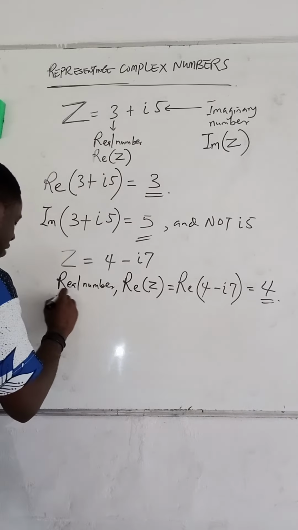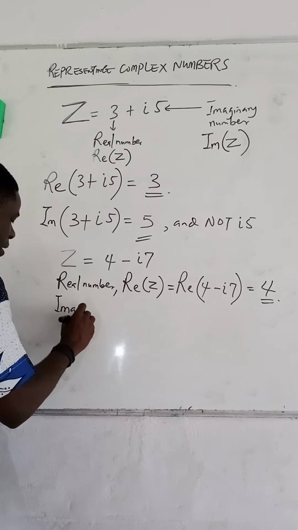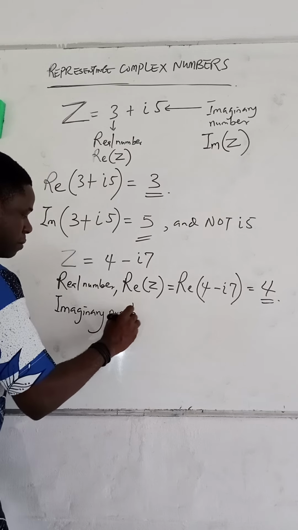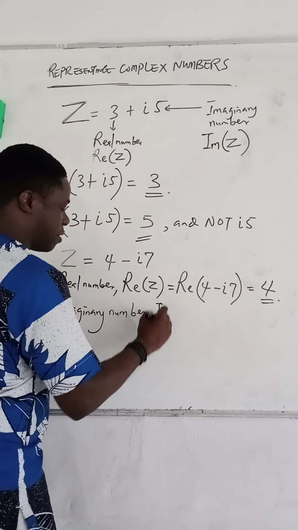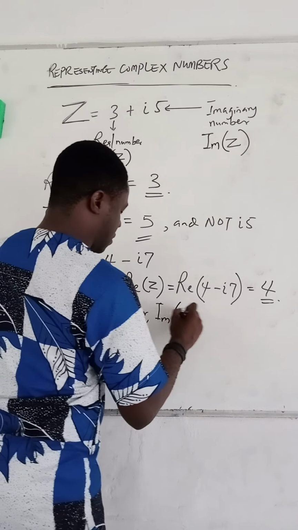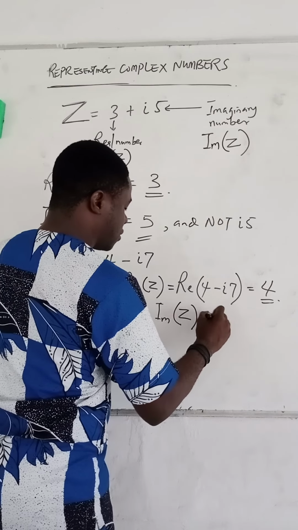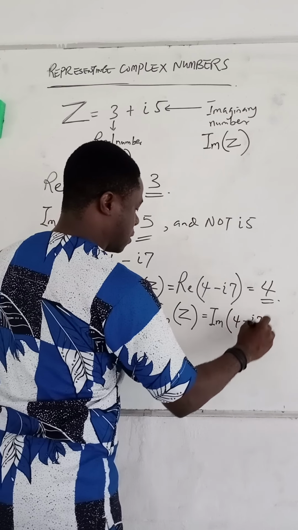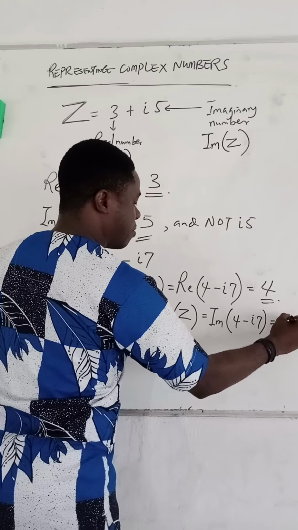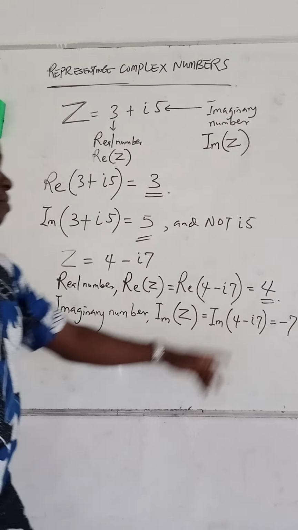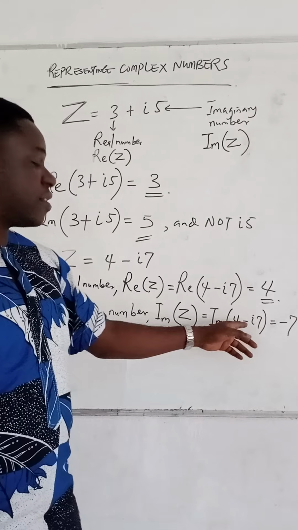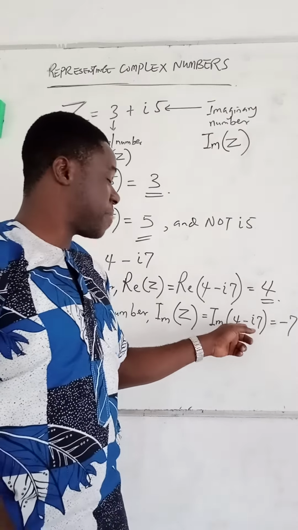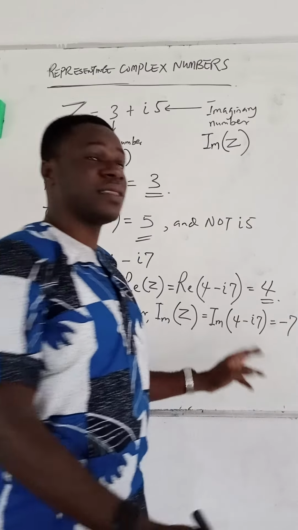While the imaginary number, which can be represented like this, which also means this, is minus 7. Minus 7, because you have to include the sign. The sign is very important. Don't neglect this negative sign here. Minus 7 and not ordinary 7.